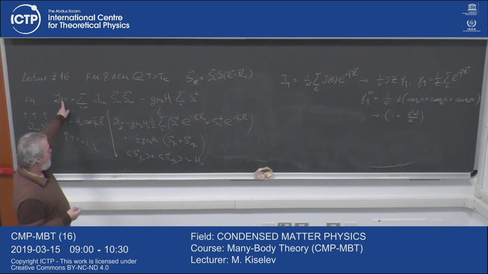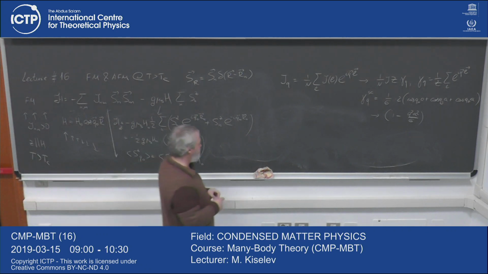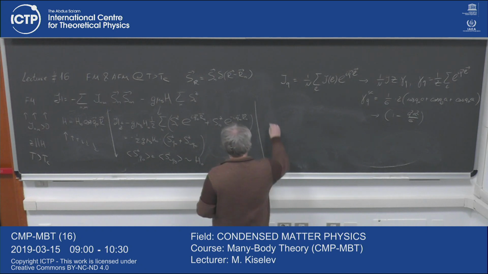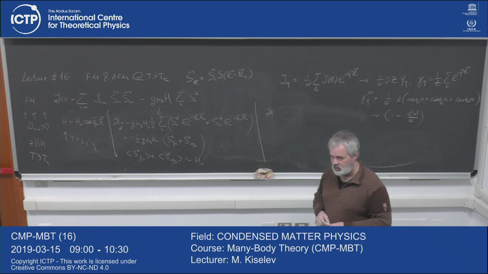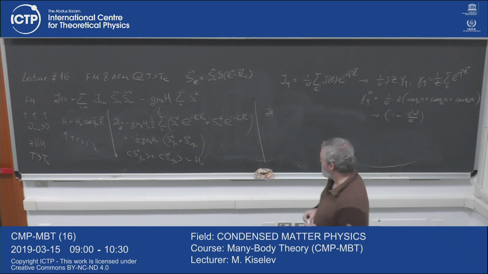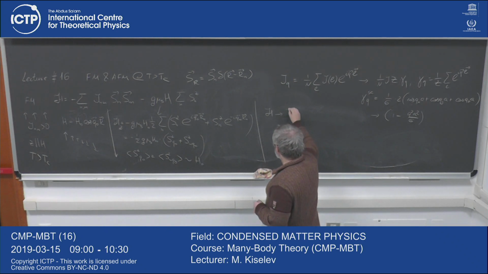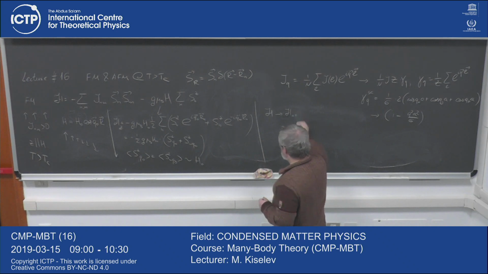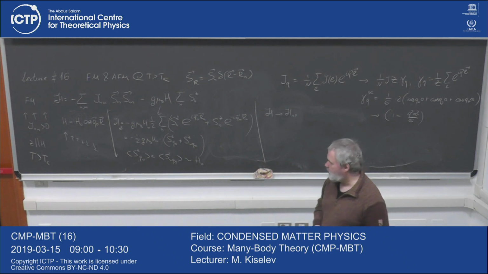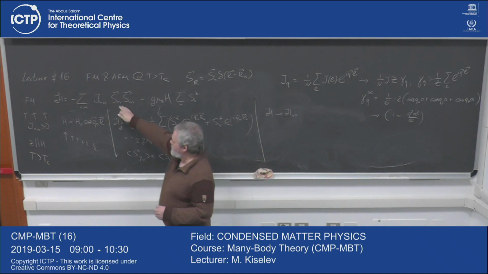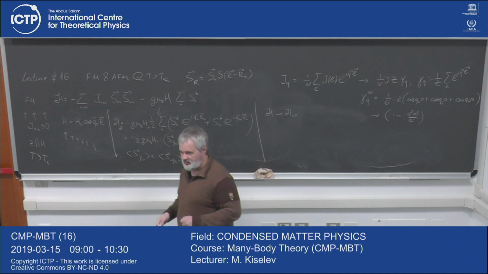Therefore, I will do a mean field approximation, and I will replace my Hamiltonian H by the mean field Hamiltonian, where I will replace S by its average value.